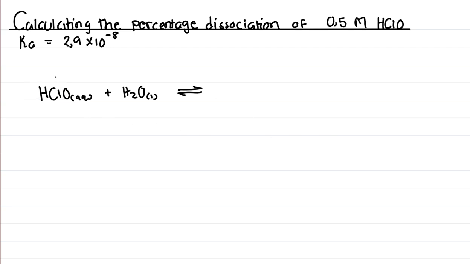Hypochlorous acid is going to lose a proton, which is H. It's going to donate a proton, H, to H2O, so that we will have 3 hydrogens now. So we're going to have H3O plus aqueous, and then we're going to be left with ClO minus aqueous.